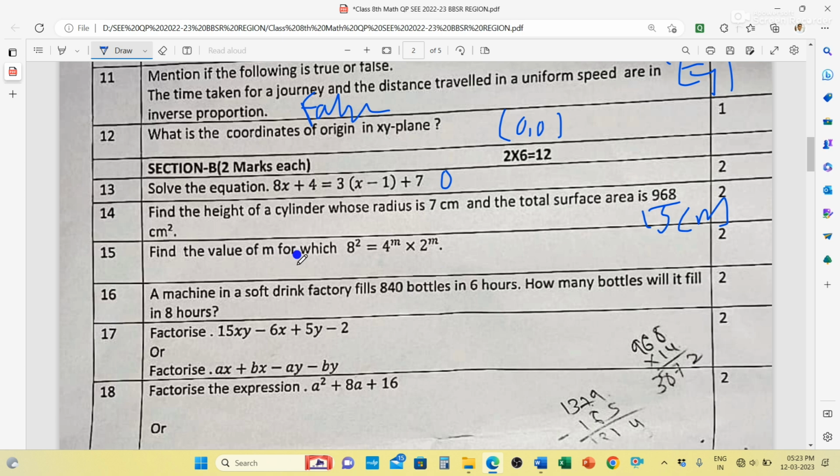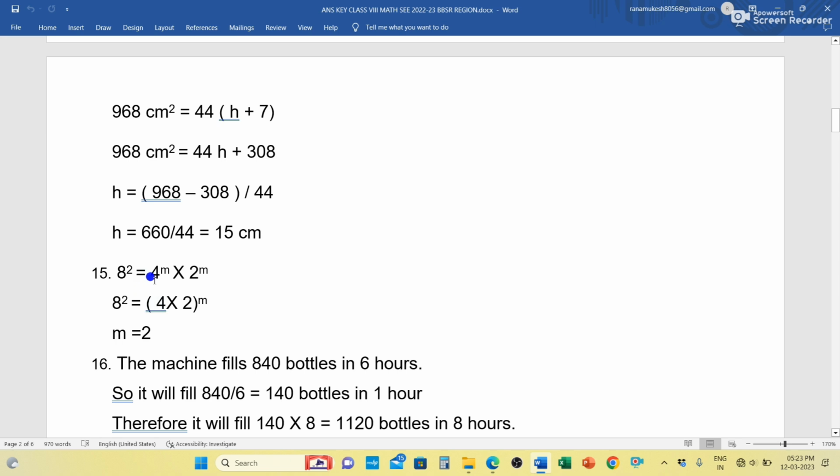Then find the value of m for which 8 to the power 2 equals 4 to the power m into 2 to the power m. Okay, so 8 to the power 2 equals 4 to the power m into 2 to the power m.